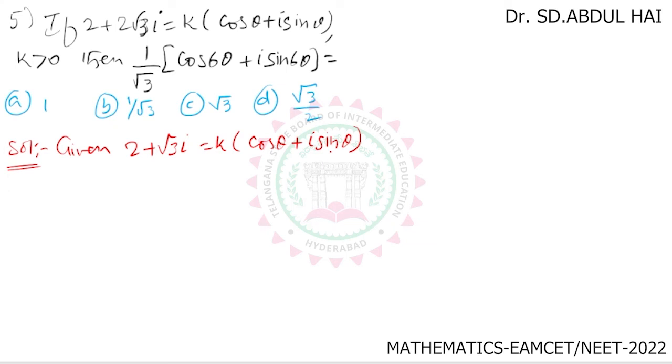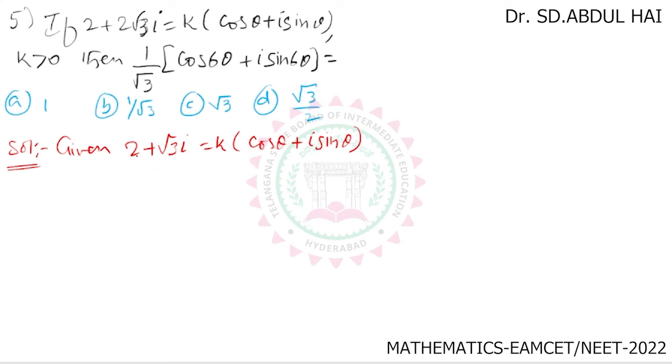So I want to simplify the left hand side into the mod amplitude form. For that purpose, I have to multiply and divide by the square root of 2 square plus root 3 square whole square.